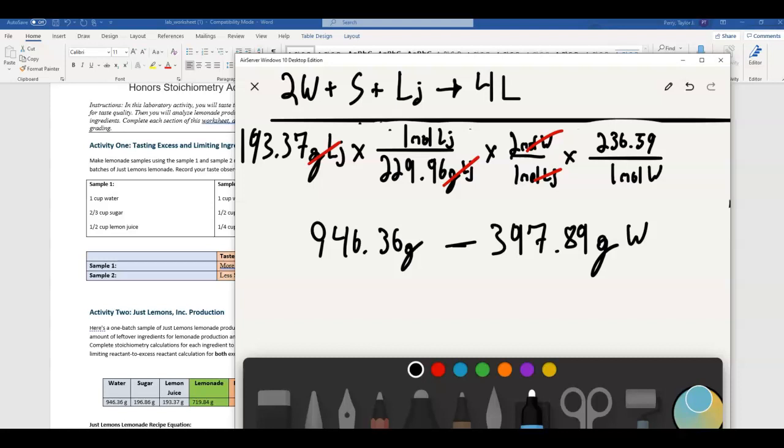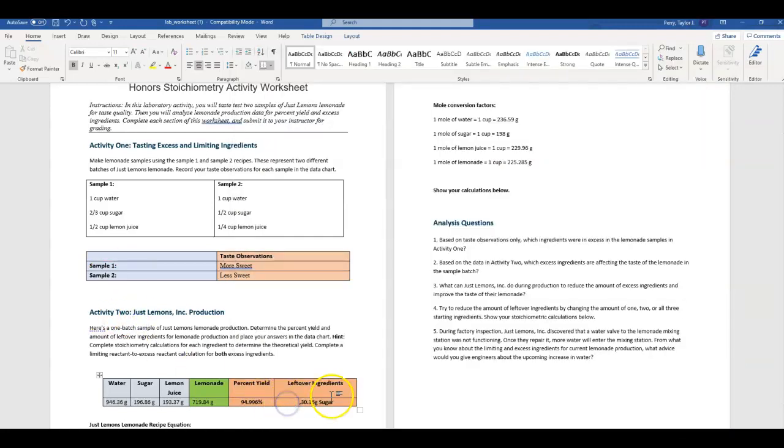You're gonna have a lot of water. You're gonna have 548.47 grams left over. So that's going to be our leftover ingredients right there. 548.47. That is a lot of water.